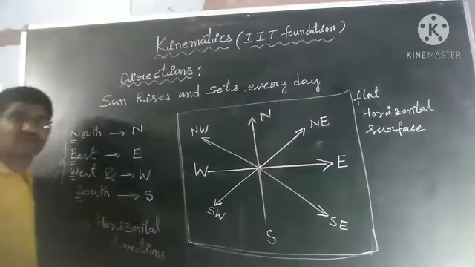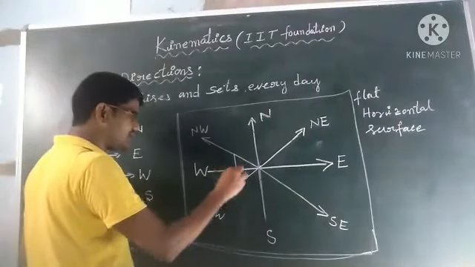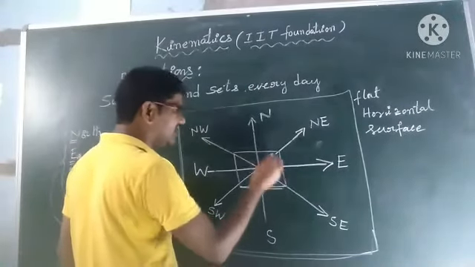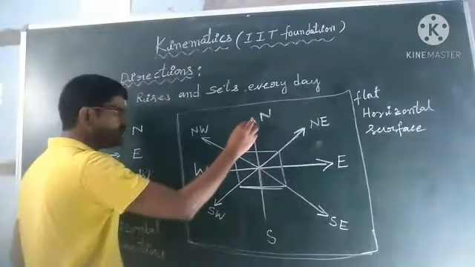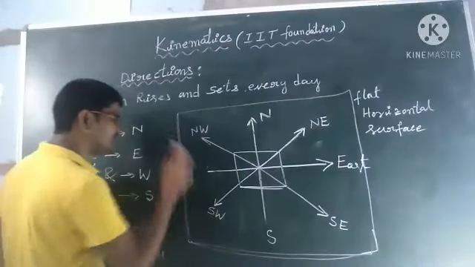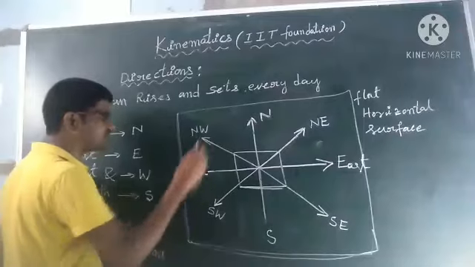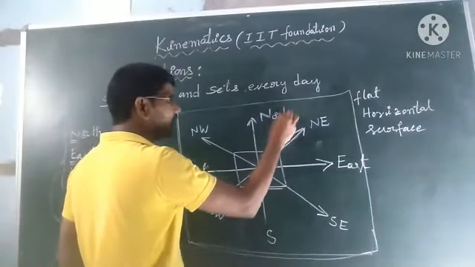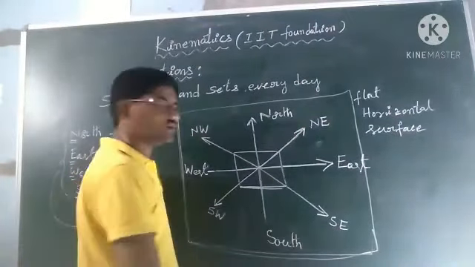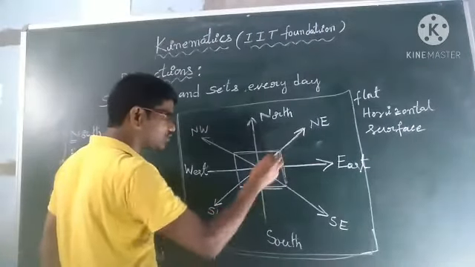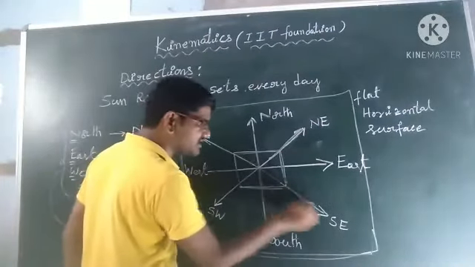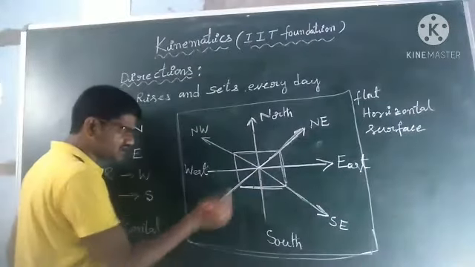Okay students, if you consider a square here, this is east, and exactly opposite of that is west, now this is north, and opposite to that is south. At the corners of the square, this is northeast, northwest, and at these corners you have southeast and southwest.